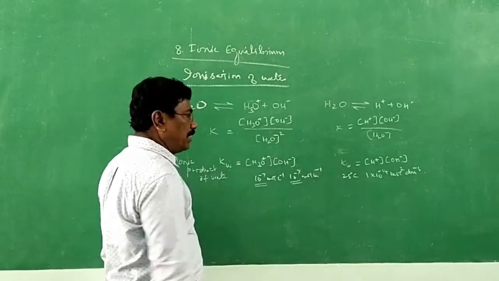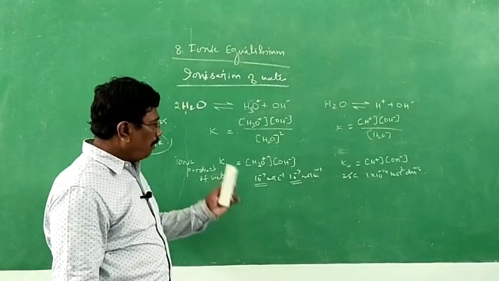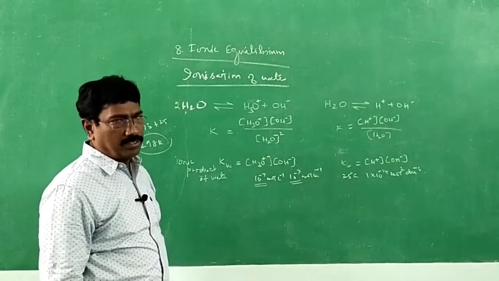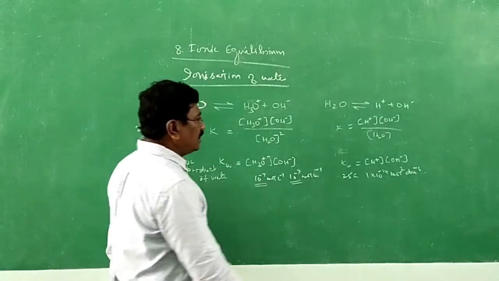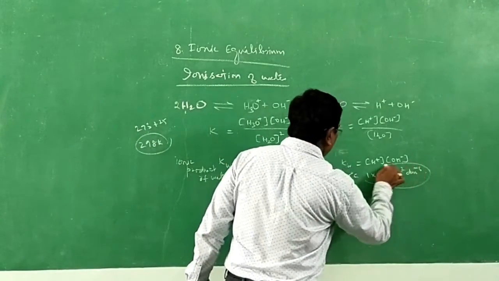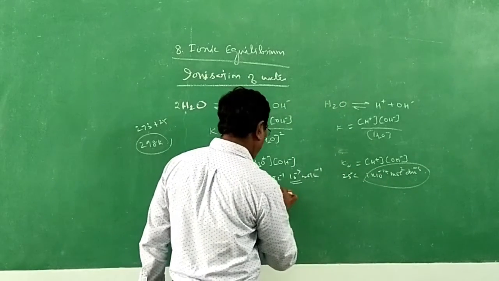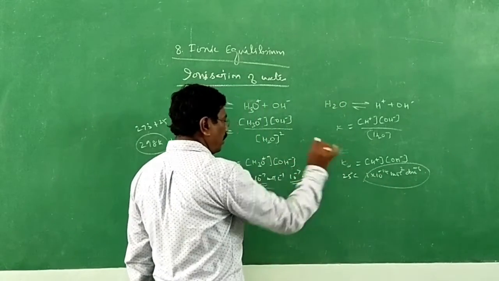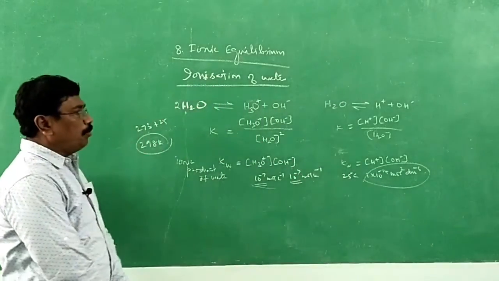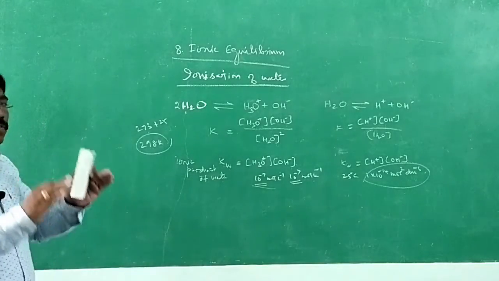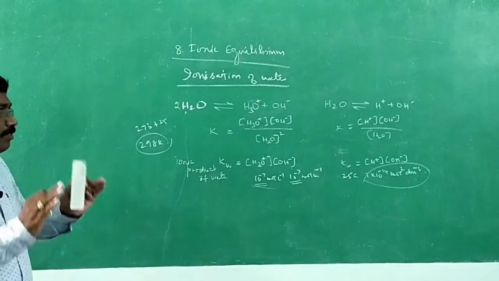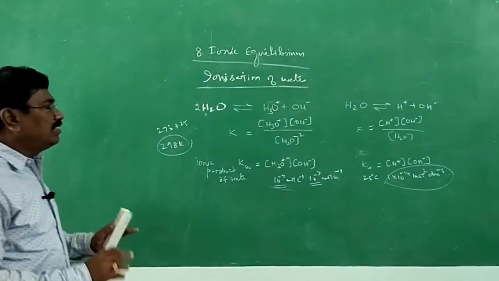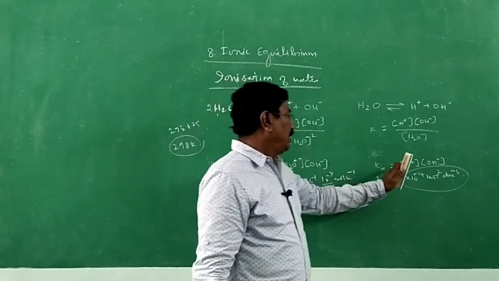Liter is nothing but decimeter cube, therefore per liter square means per decimeter to the power minus 6. So, this is the value of the ionic product of water. You should understand, the ionic product of water is 1 into 10 power minus 14 mole square decimeter to the power minus 6. In any aqueous solution, we will have this much of the product.